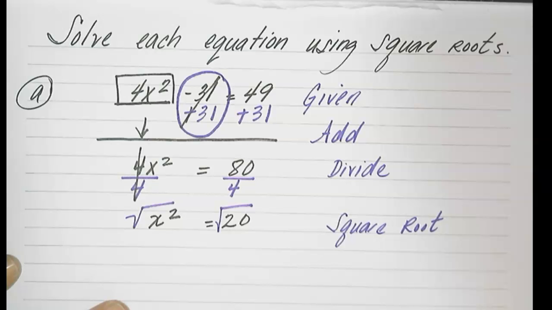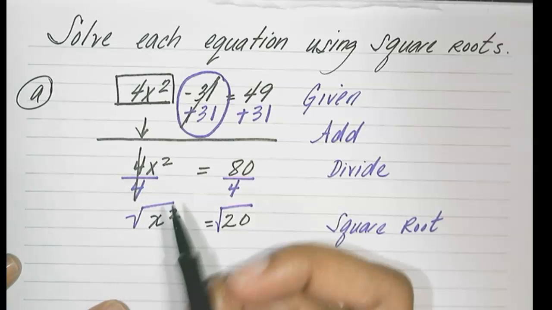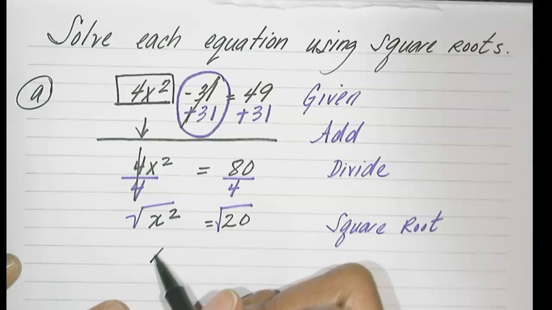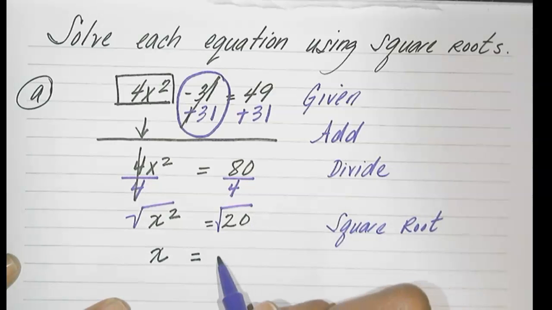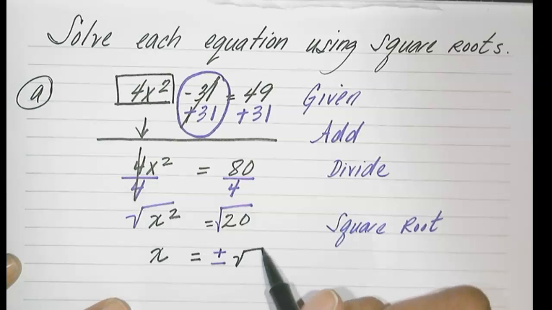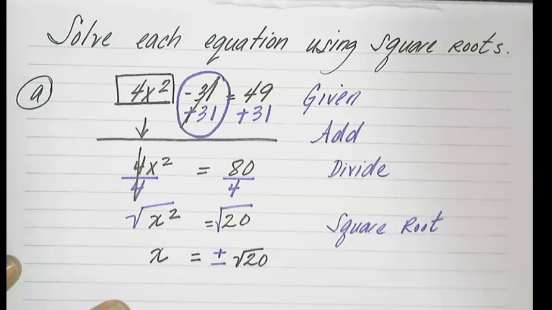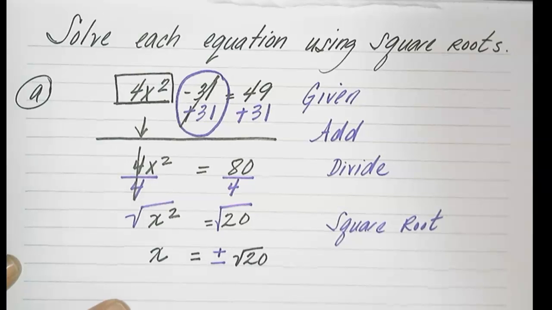When you square a number, truthfully, a negative times a negative is a positive, and a positive times a positive is a positive. So for that reason, you're about to get a new symbol, people. X can equal, here's your new symbol, a plus or minus square root 20.